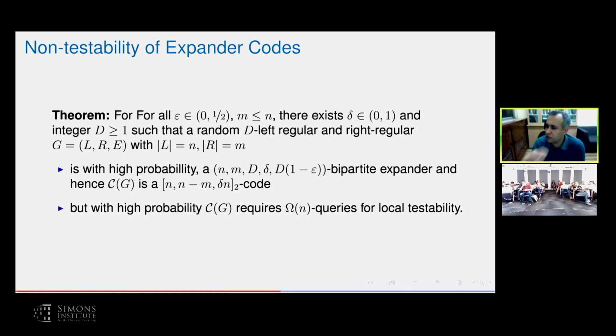For example, the Reed-Solomon code has only large weight dual code words; there are no short low weight dual code words. So that's a necessary feature for testability, which says that this graph should not only be left regular, but from the right it should also have constant degree. So that's the model: a graph which is D left regular, and on most right vertices the average right degree is also small.